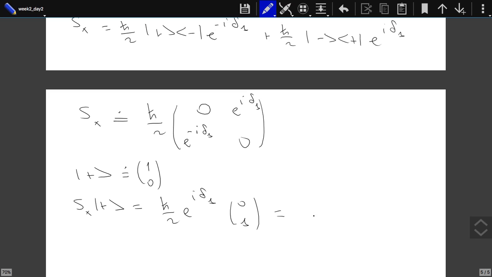But this is nothing but h bar over 2 times the matrix (0, e to the power minus i delta 1; e to the power i delta 1, 0). So if you make the matrix product, the above line will be 0, the below element will be e to the power i delta 1, as it should be. So this is our Sx operator.